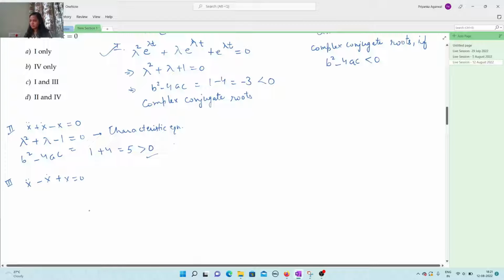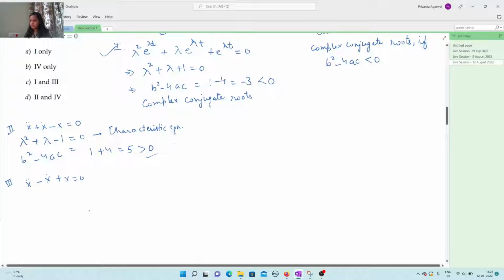So the characteristic equation for this will be, so if this is x, then x prime will be lambda e to the power lambda t, and x double prime will be lambda square e to the power lambda t.